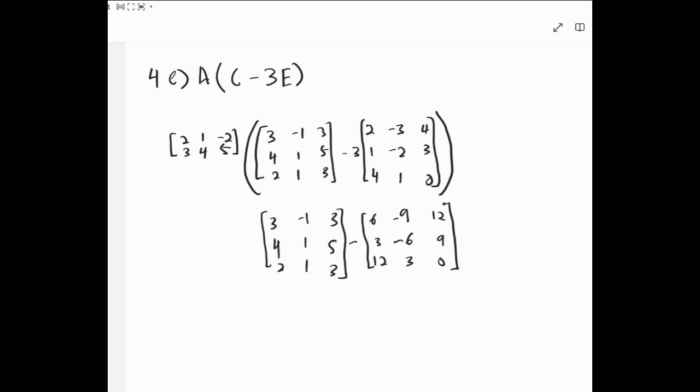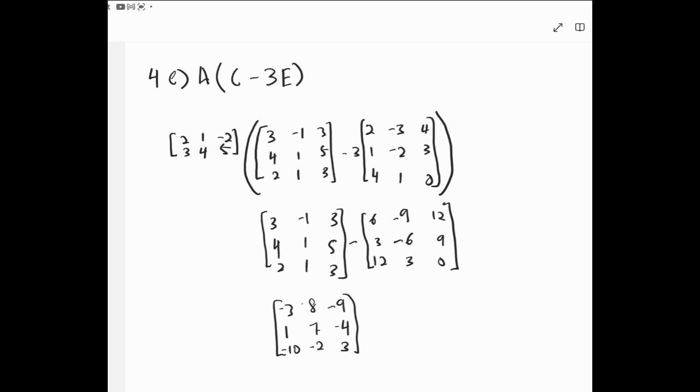In order to do the subtraction, it also needs to be 3 times 3, otherwise it is not possible. So let's do the subtraction. And remember, the subtraction needs to be done by element. So element 1 1 subtract with 1 1, 2 2 with 2 2, till the end, 3 minus 0 here.